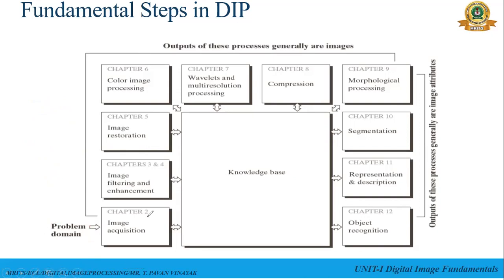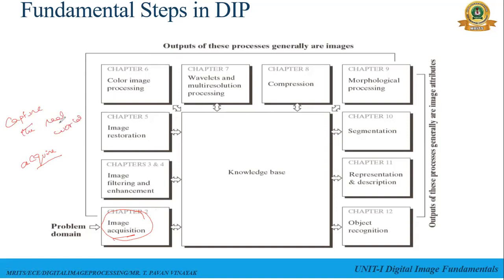The first step involved in image processing is image acquisition. What is acquisition? In the name itself, acquire means to get. To perform basic image processing, we require some images. How do we get images? By capturing the real world.